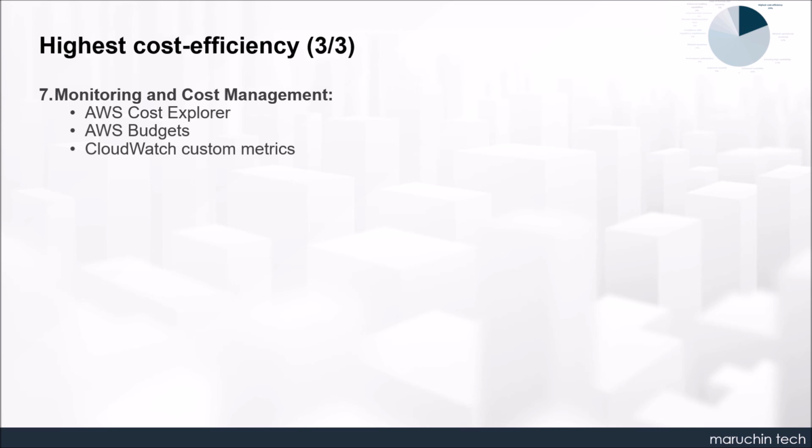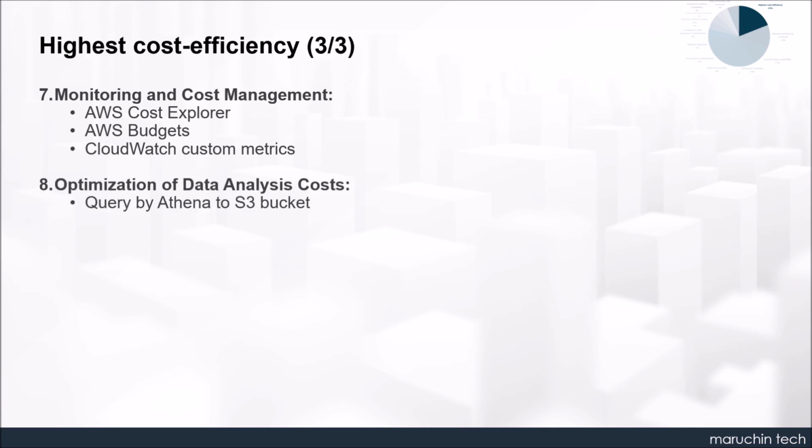Regarding cost optimization, monitoring and cost management tools are also frequently tested. Questions about central cost management using AWS Organizations appear frequently. And for data analytics cost, S3 and Athena are often tested.